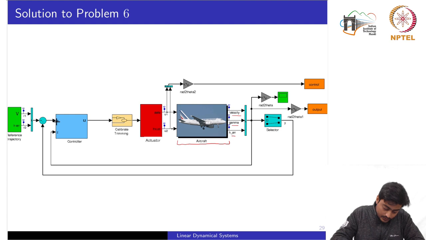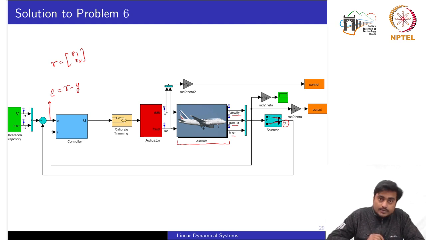Okay, so here we compute this error signal. This is the error signal r minus y, where r are the reference trajectories r1, r2, and here we are taking the y by taking only the first output and the third output. Okay, so from here we compute this error signal, and this input to the controller is z, which is nothing but equal to x, because C is the identity matrix.